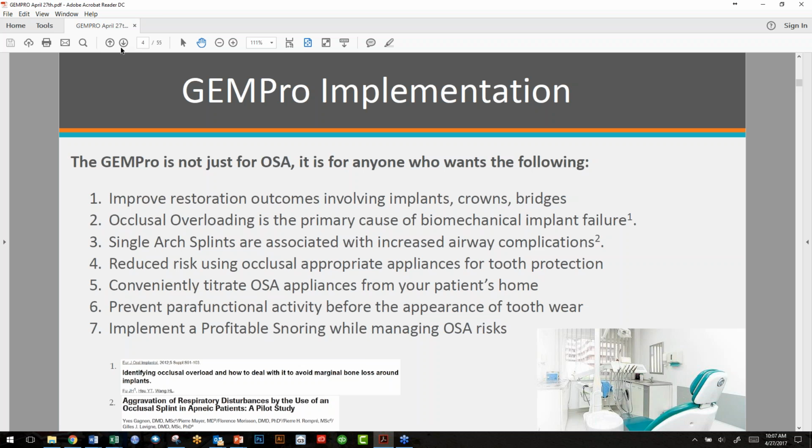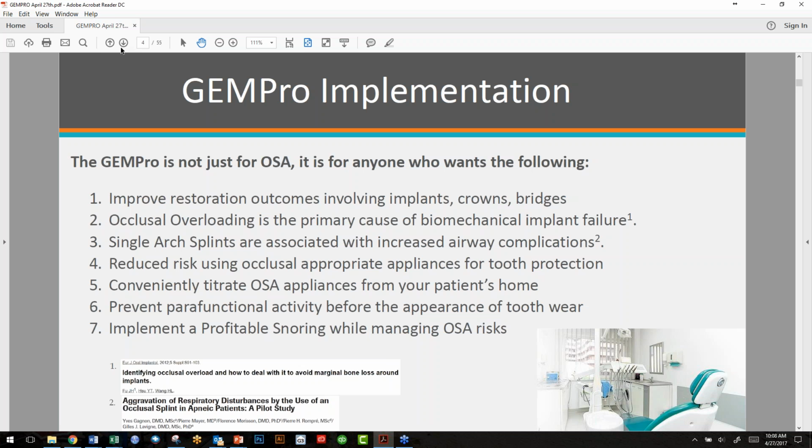With the GEMPro, you can expect improved restoration outcomes involving implants, crowns, and bridges. Why would that be? That is because if we can eliminate the triggers, the parafunction can be greatly reduced or go away.